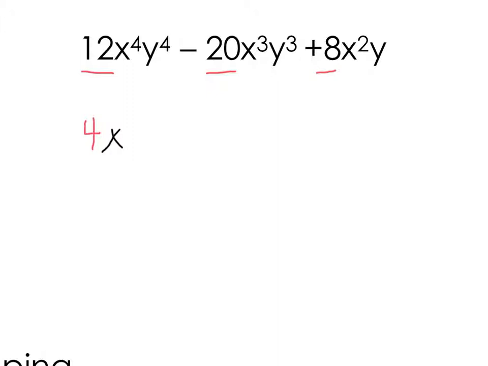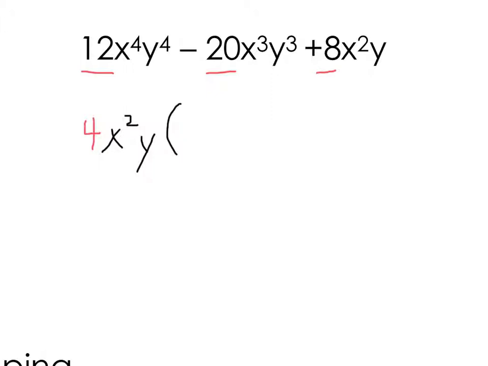So what is the largest number of x's that these terms have in common? That's the smallest exponent to which x is raised. It's got to be 2, x squared. And finally, y. We have y to the 4th, y to the 3rd, y. The smallest exponent that y is raised to is y to the 1st. So that's what they have in common.